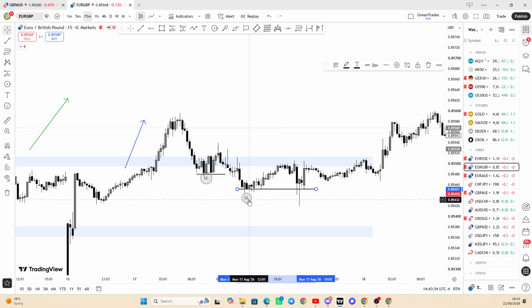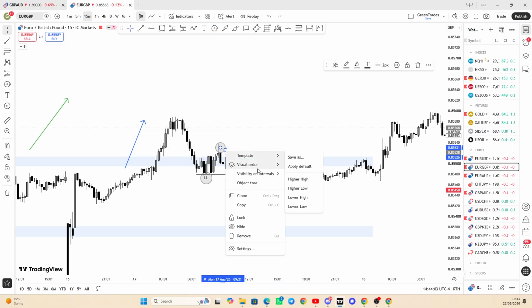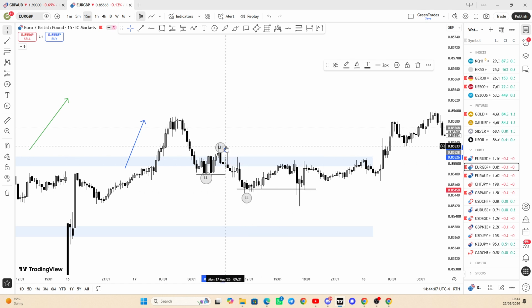So remember, if the market is going to be bearish, you're going to have lower lows and lower highs. There's going to be a lower high, and then you're going to have your lower low there, and obviously your lower high here, right?